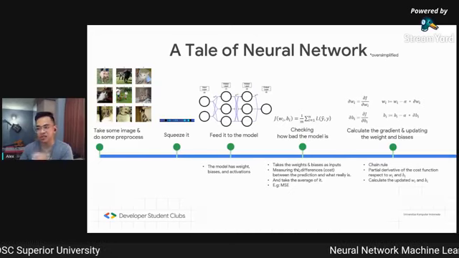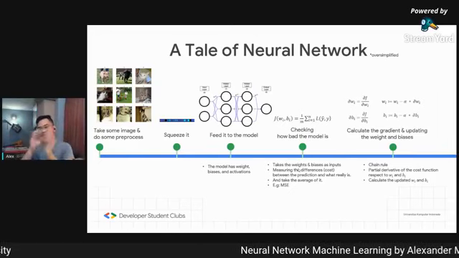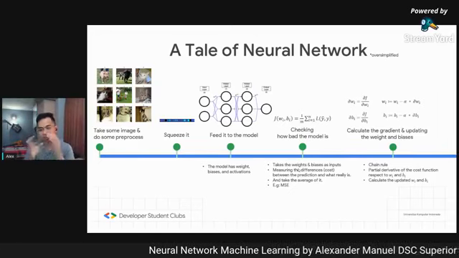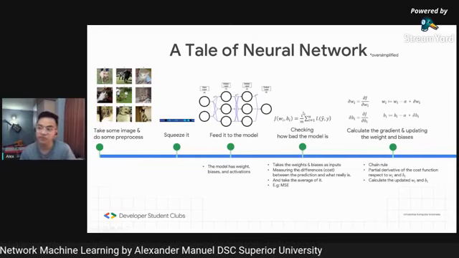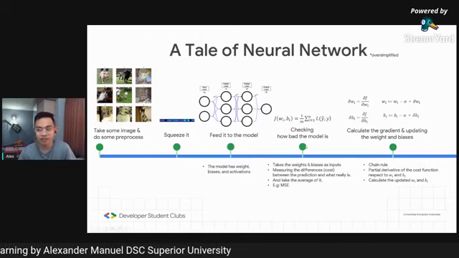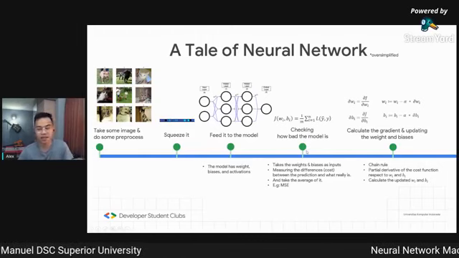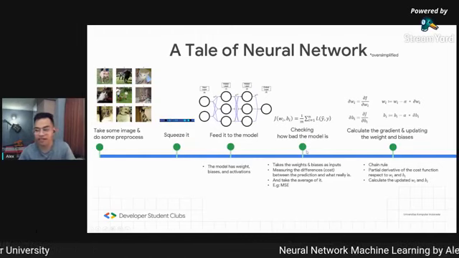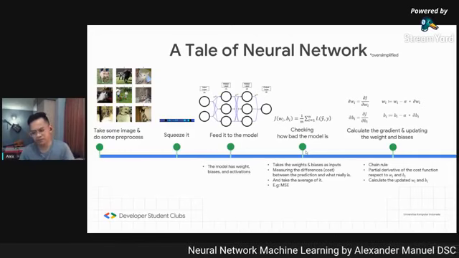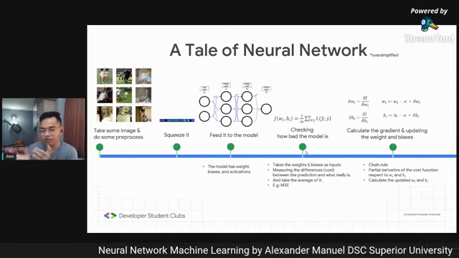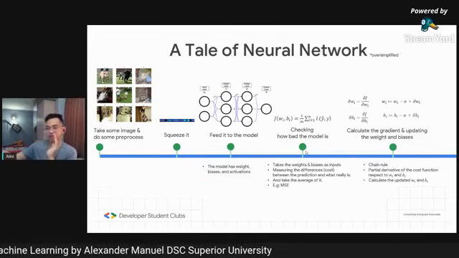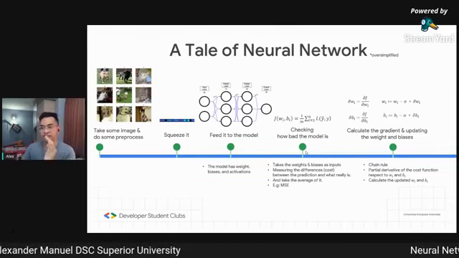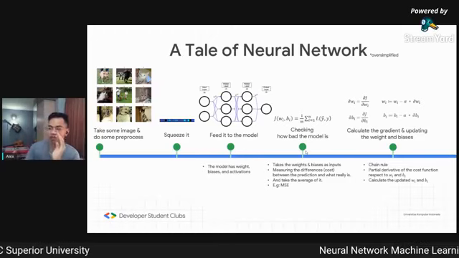All the weights and all the biases will be used as an input for this cost function. Cost functions can vary. One of the simplest is MSE, the mean squared error, where you measure the distance between the prediction and the actual value.